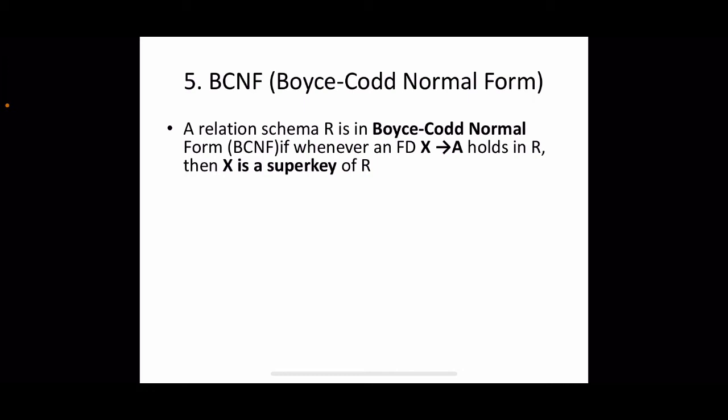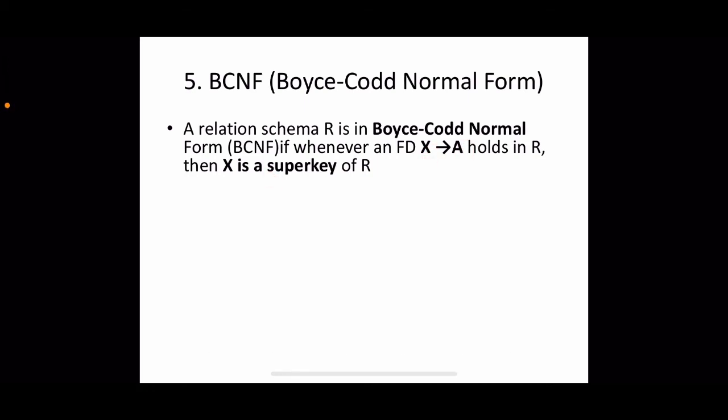There we have two different conditions, and any one of them can be the criterion for third normal form, right? But here it is a little stricter. Whenever there is a functional dependency X to A, X always should be a super key of R.